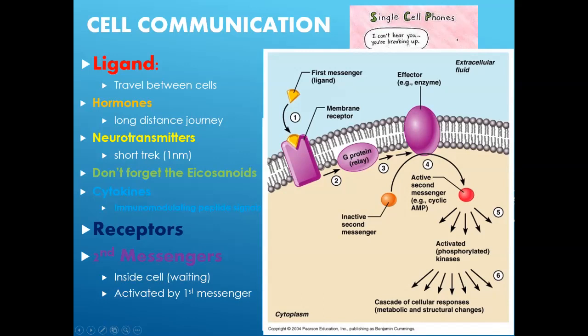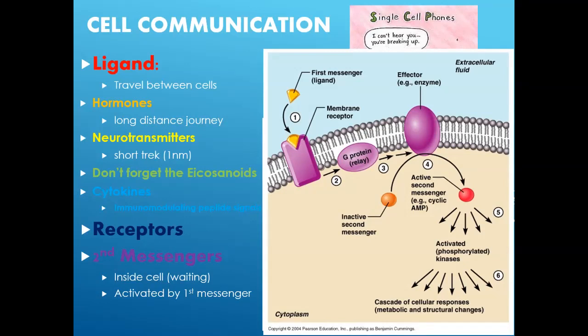But some of our hormones will actually work through a second messenger cascade. And the importance of a second messenger is it's inside the cell already. It's just waiting to be activated. So when we're in class, I usually talk about it. We're inside the classroom. So the walls of the classroom are like our cell membrane. And the doorway, we'll say, is the receptor.